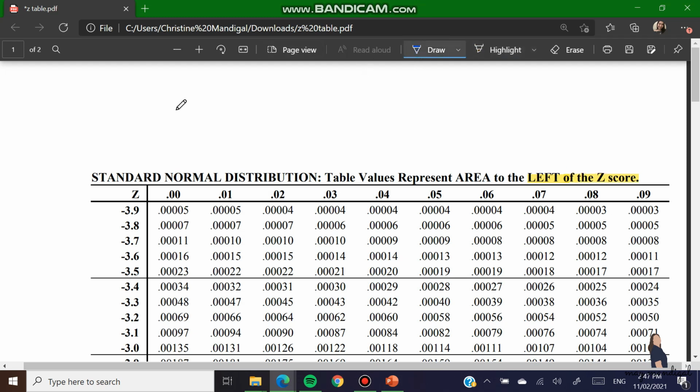For example, let me draw here a normal curve. Something like that. Let's say I want to identify the area given the z-score of 1.68. Given the z-score, which is 1.68, I just have to locate where 1.68 is on our normal curve.